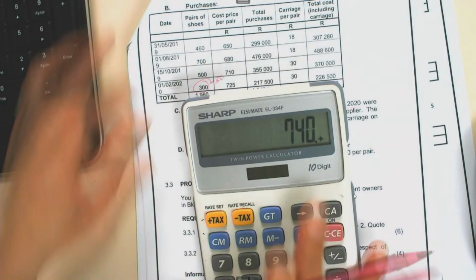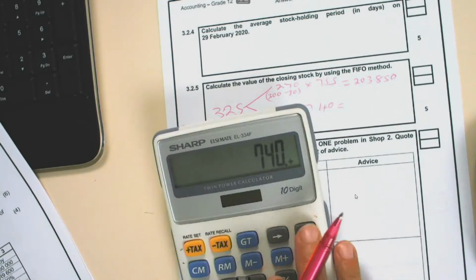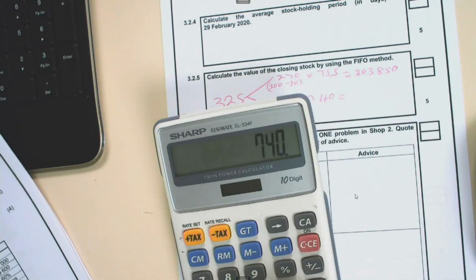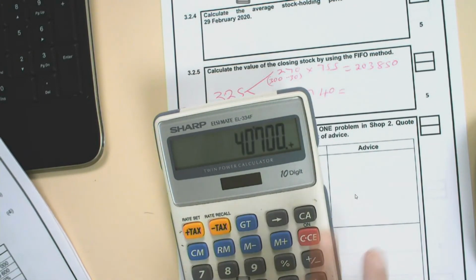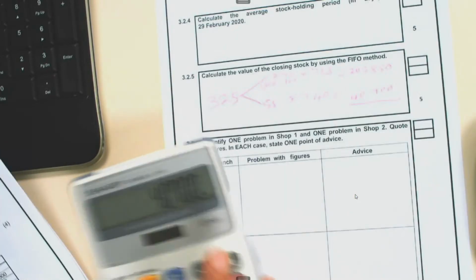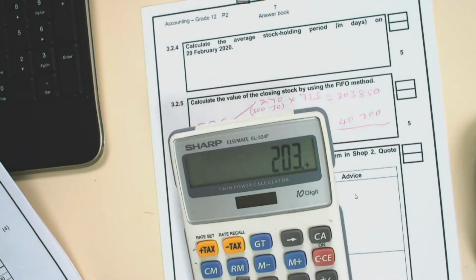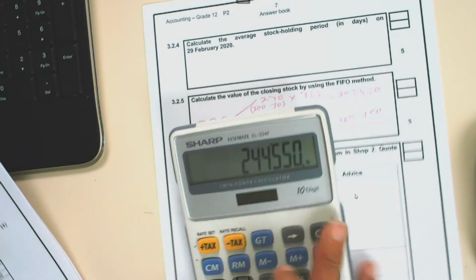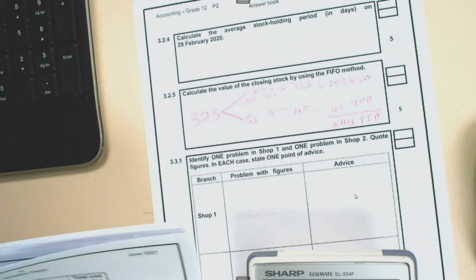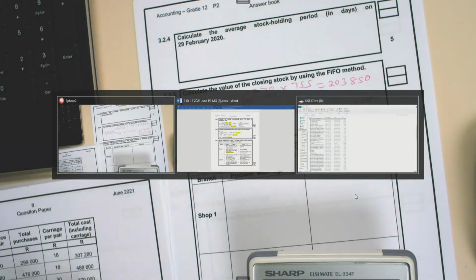So 740 times 55 gives me 40,700, right? 40,700 plus 203,850 gives me 244,550. Okay. Go back to our marking guide again.